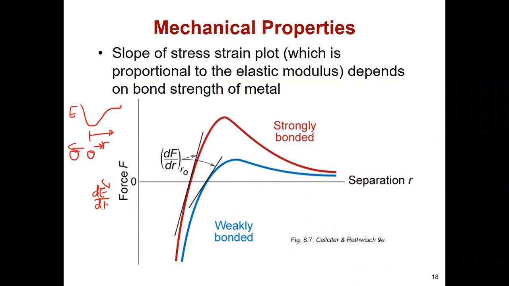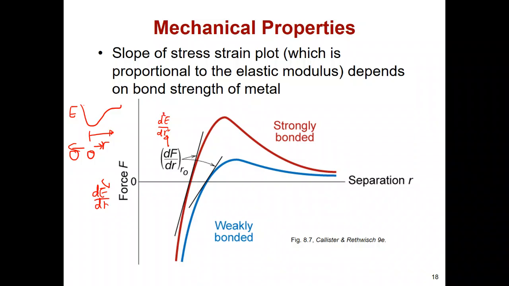This slope can then be differentiated by the distance again. So that means this is a second derivative of the energy curve.